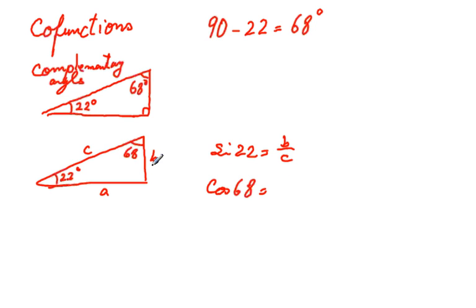It has to be ratio of adjacent of 68 to hypotenuse, which is what? U over C. So you notice that these are the same thing. Sine of 22 is same as cosine of 68. We say these are complementary, and this pair of functions are called cofunctions. Then we say cofunctions of complementary angles are equal.